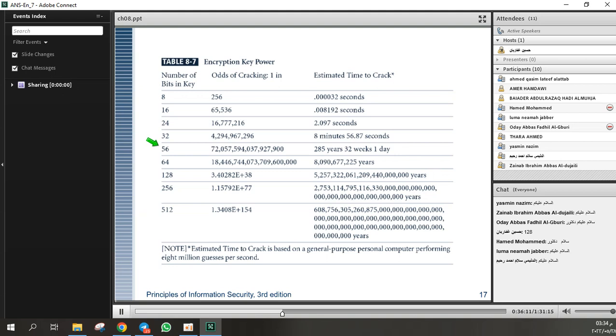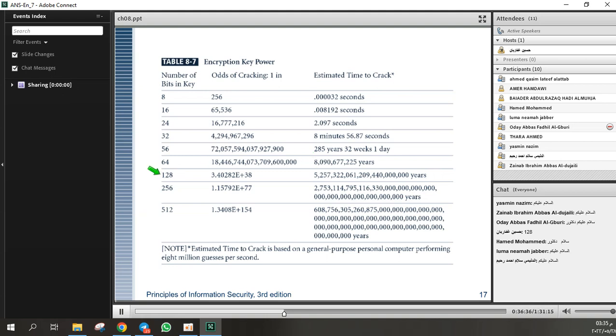But if my key has 56-bit length, I need 285 years to find the code. For 64-bit length keys, I need 8 billion years.